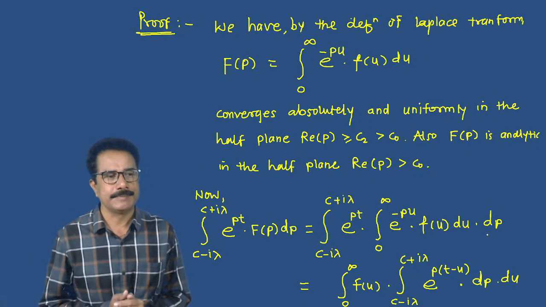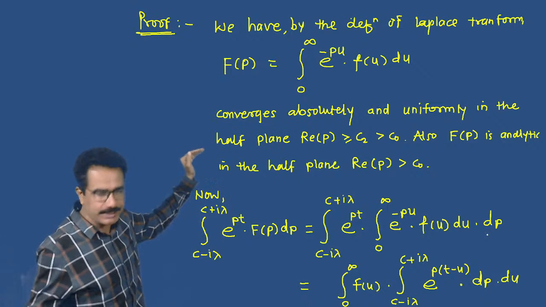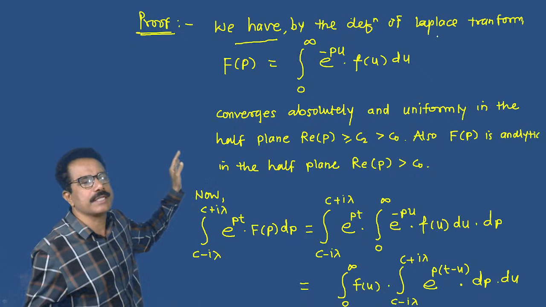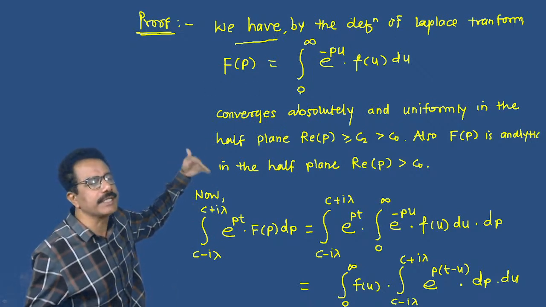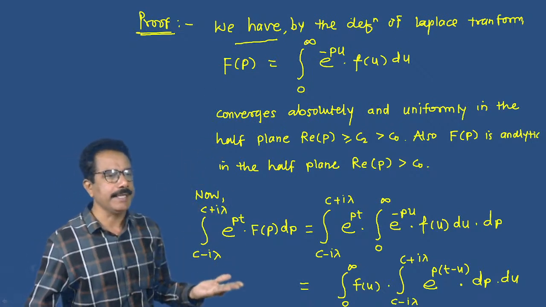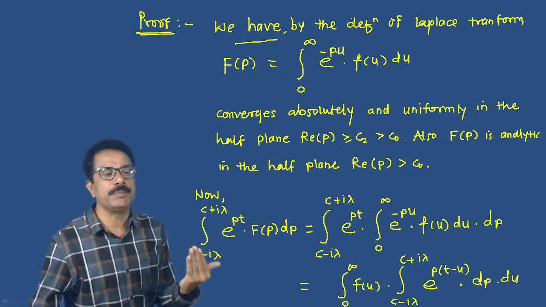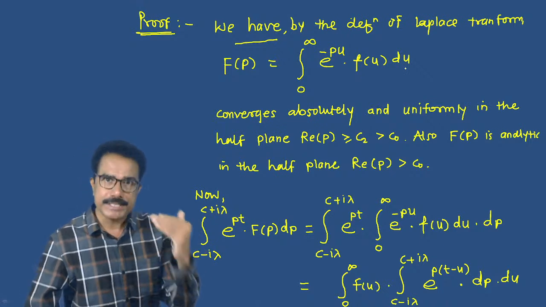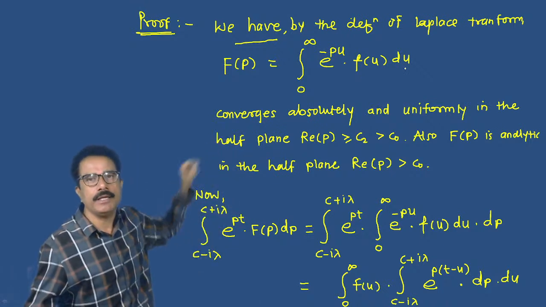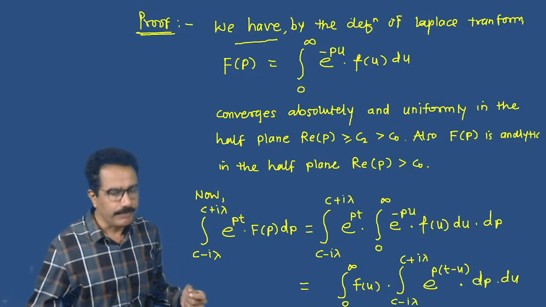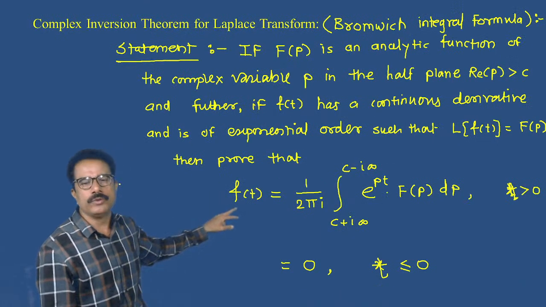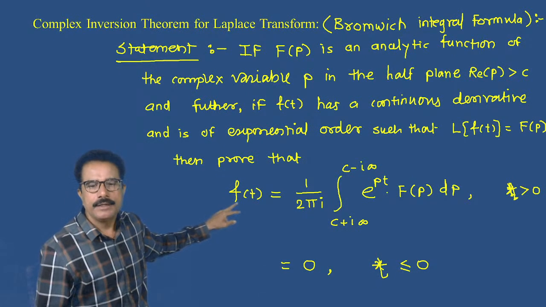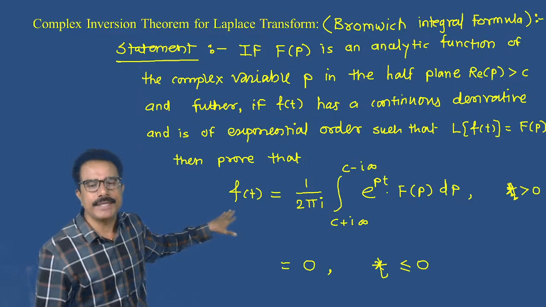Actually, we know that according to the definition of the Laplace transform, capital F of p is equal to integral from 0 to infinity e raised to minus pt into f of t dt. This is a basic formula, but we have written this formula in the form of u, because we have to prove this theorem in the form of t.